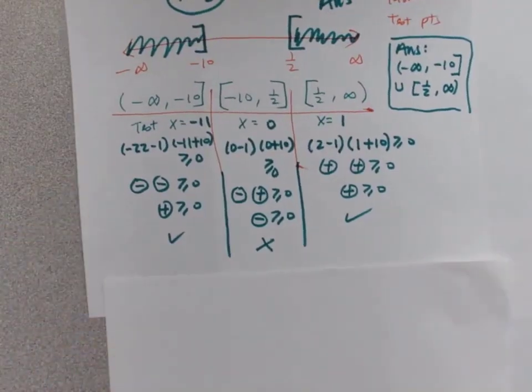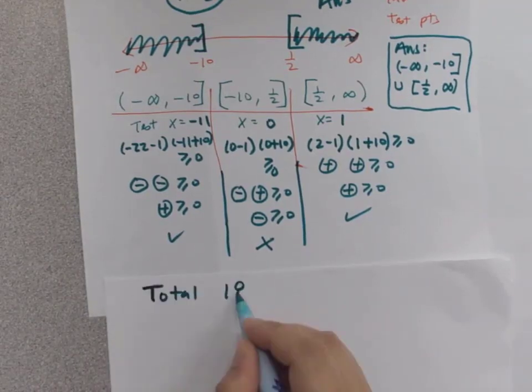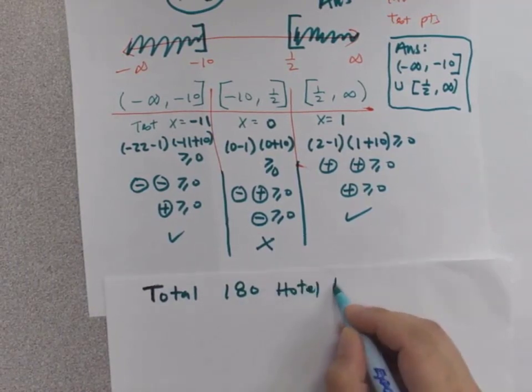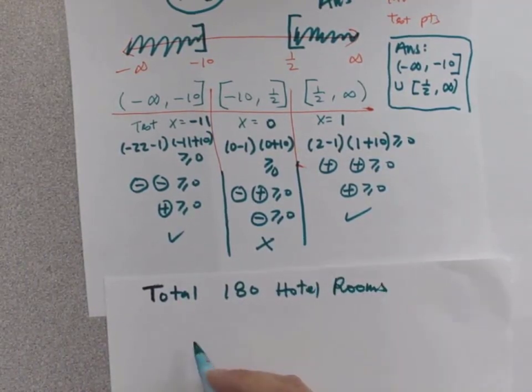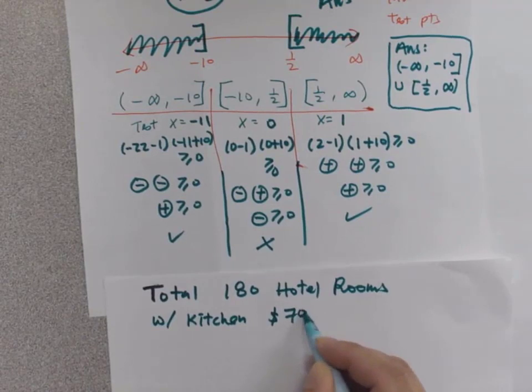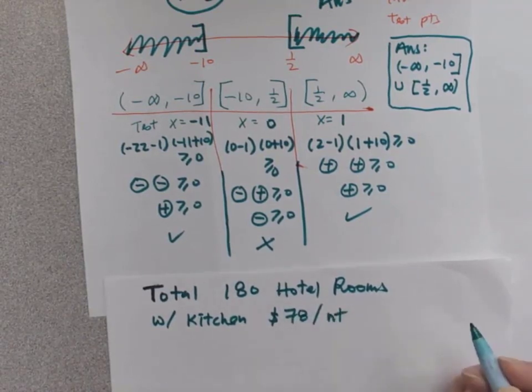One of them would be the word problem. So if I say totally, we have 180 hotel rooms, and some of them with kitchens, and it's $78 a night.